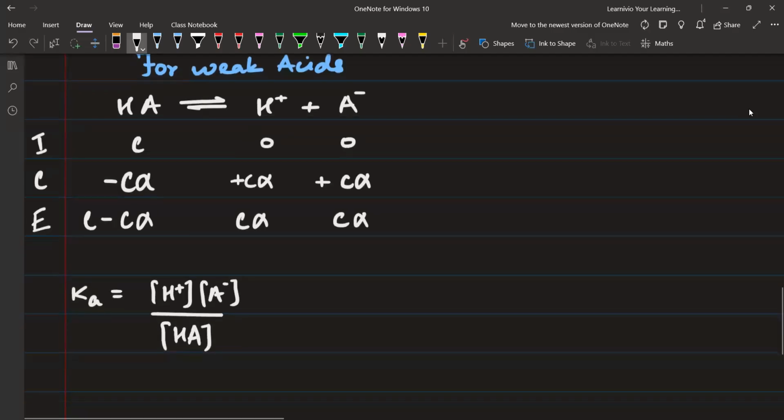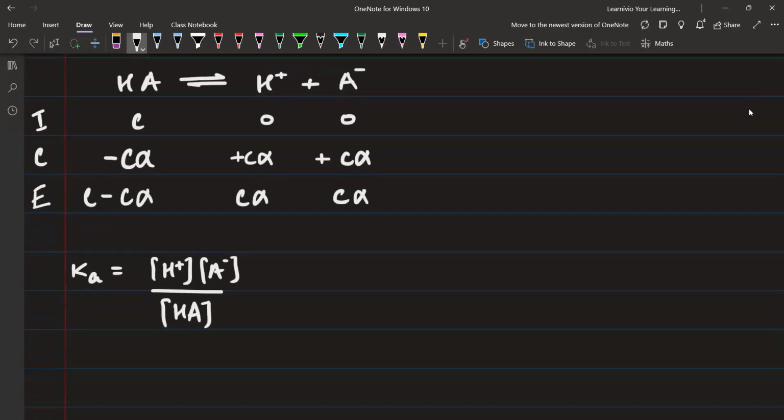Now look carefully. What is H plus at equilibrium? By the way, all of these concentrations are at equilibrium only. Ka is the dissociation or equilibrium constant, and it is defined at equilibrium. So, what is the concentration of H plus at equilibrium? 10 to the power minus 7? No, it is C alpha.